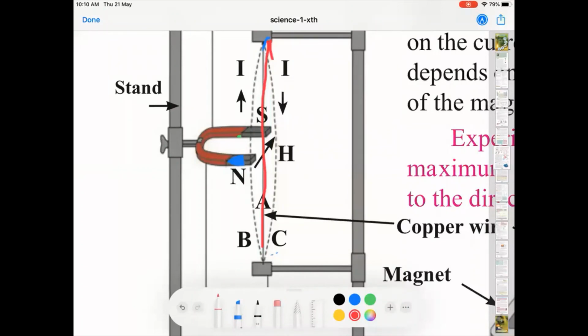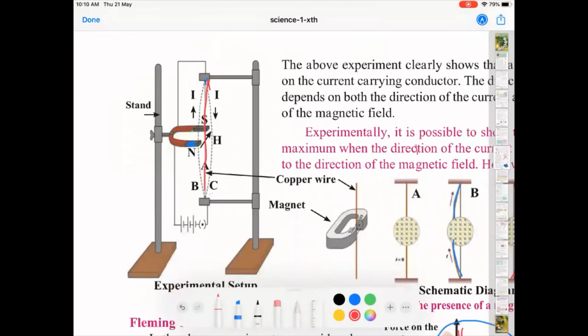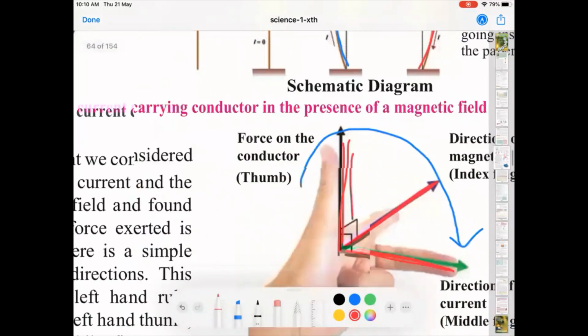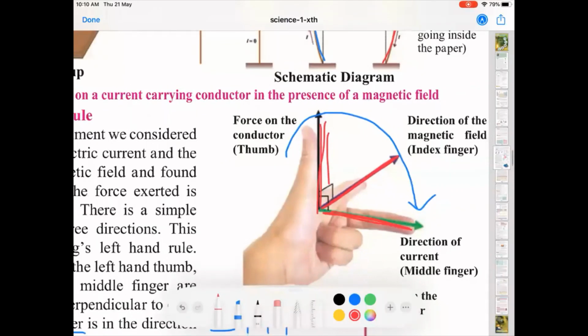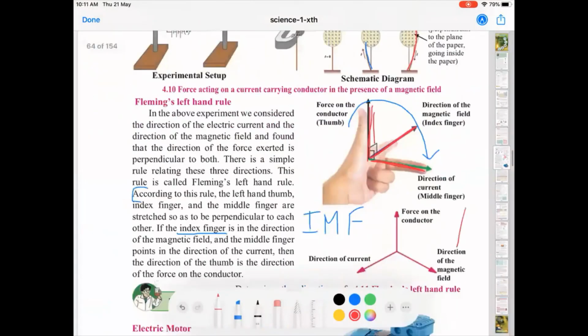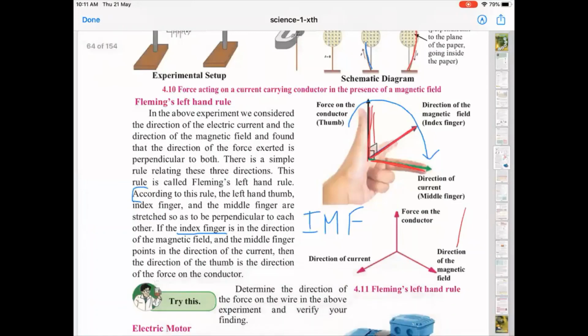If the current is flowing from bottom to top, it will be inwards. Whatever the direction of the force, it is always perpendicular to the magnetic field as well as the direction of the current, that we know from Fleming's left hand rule. And that force is applied in the creation of this motor.